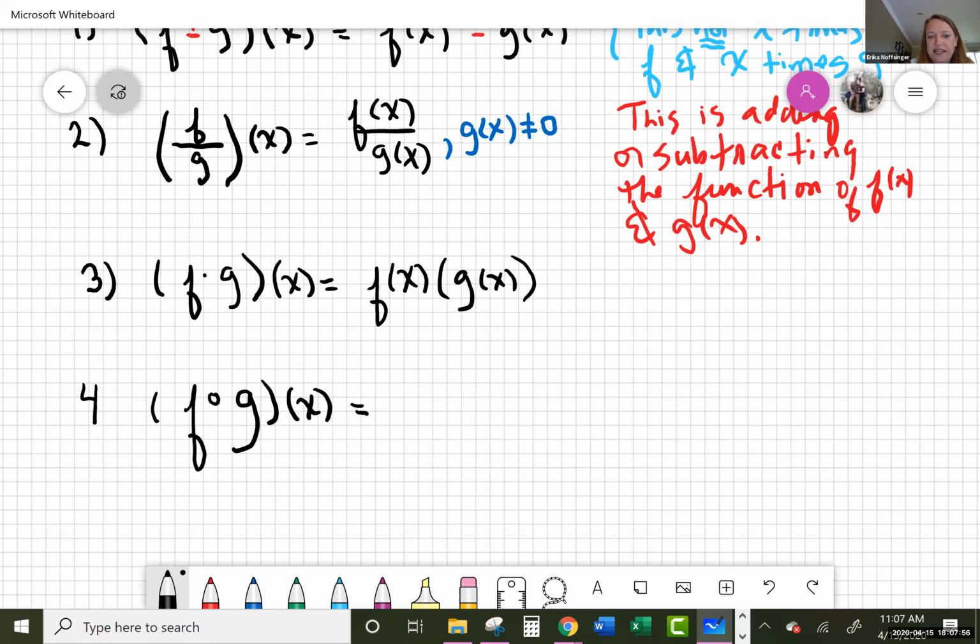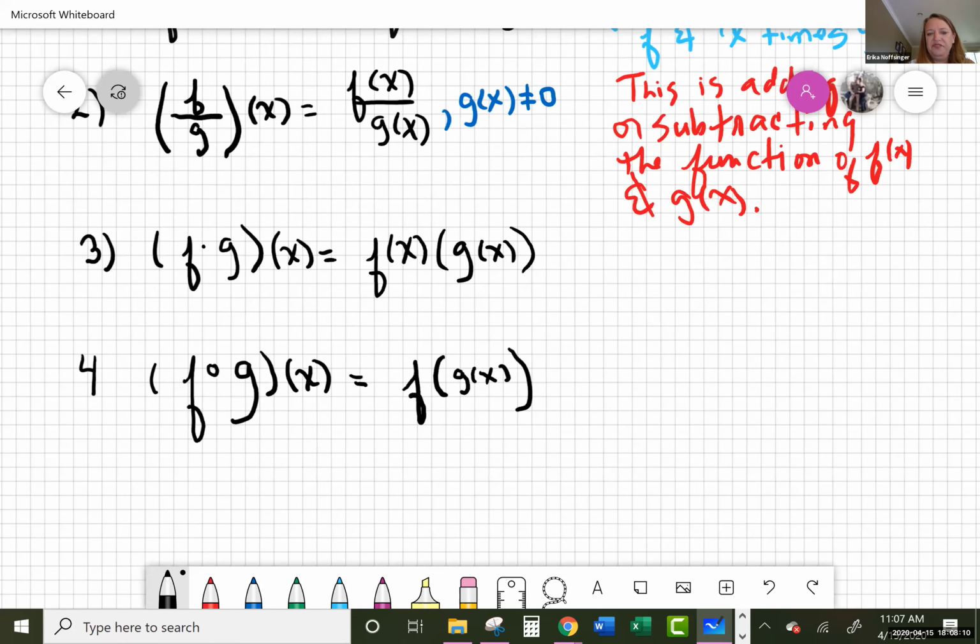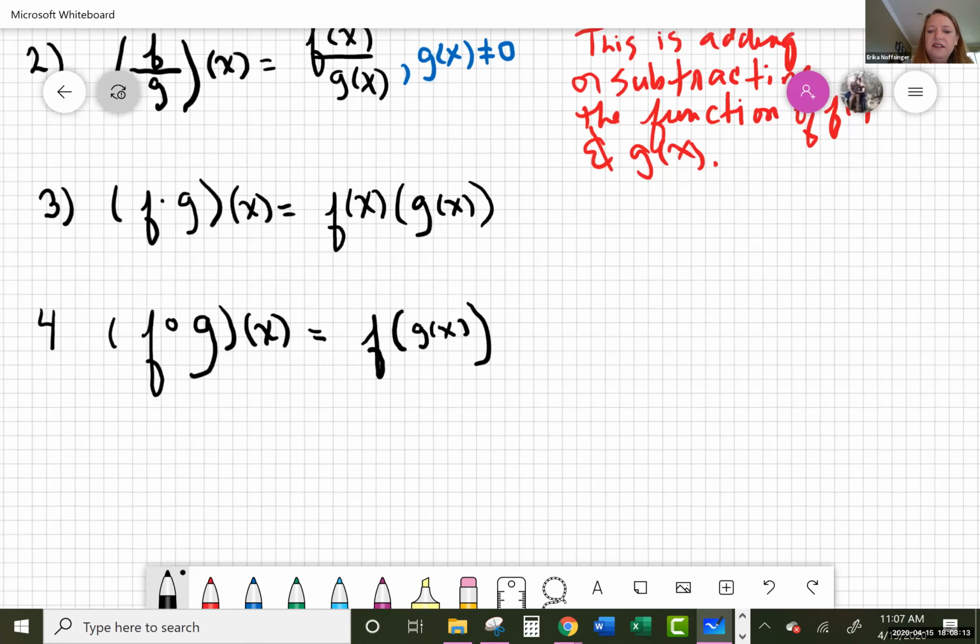This is basically telling me I'm looking at my function f of x. I'm going to write it in a different way, which means the same thing. And then wherever I see an x in f of x, I'm replacing it with my function g of x. So this is a composition of two functions.